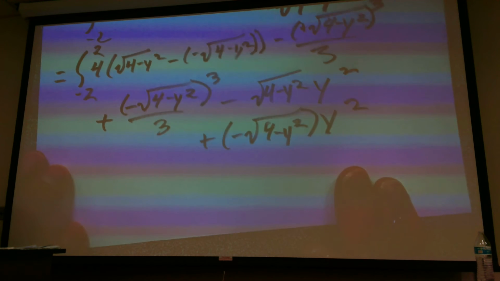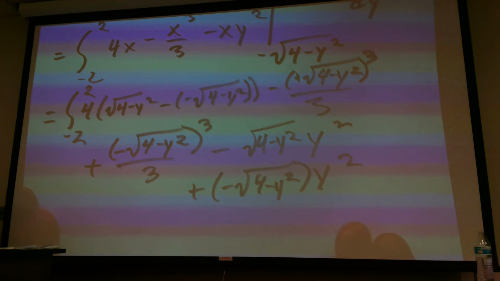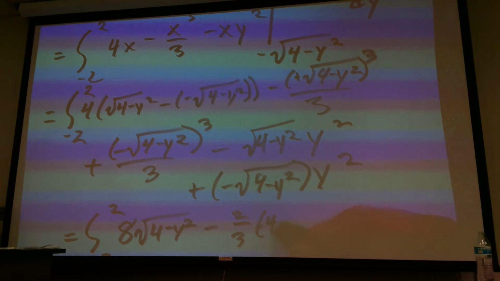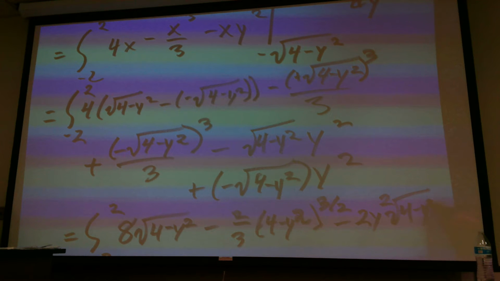And if I solve for all of this, what is this going to come out to be? This is going to be the integral from -2 to 2 of 8 root 4 minus y squared minus 2 divided by 3 times 4 minus y squared to the 3 divided by 2, and then minus 2y squared root 4 minus y squared dy.